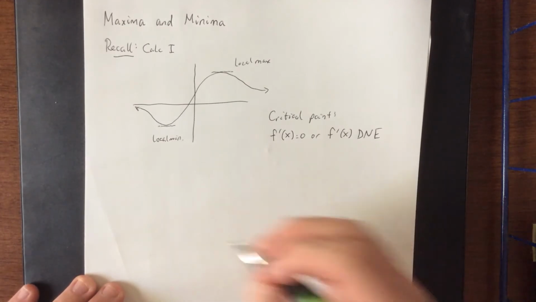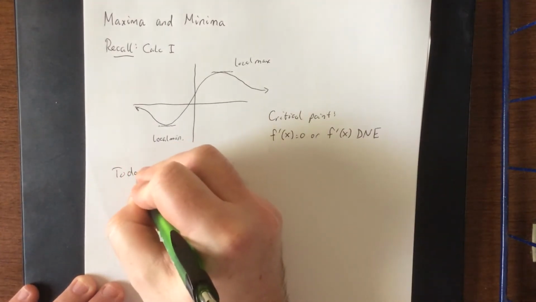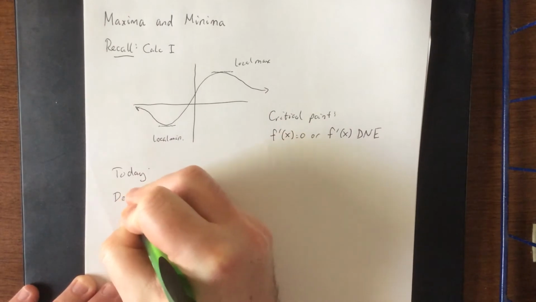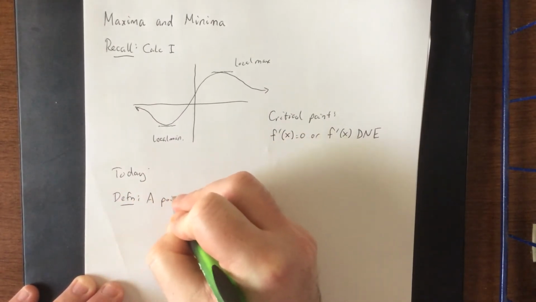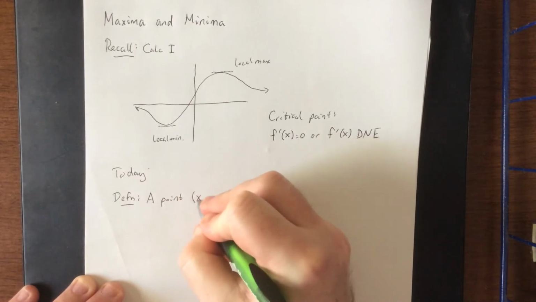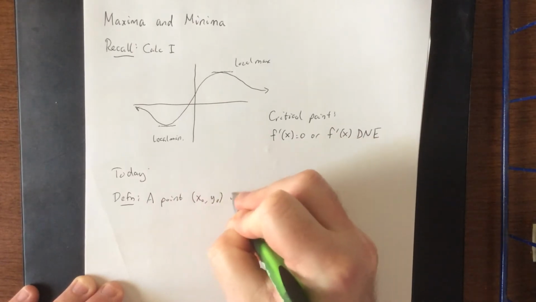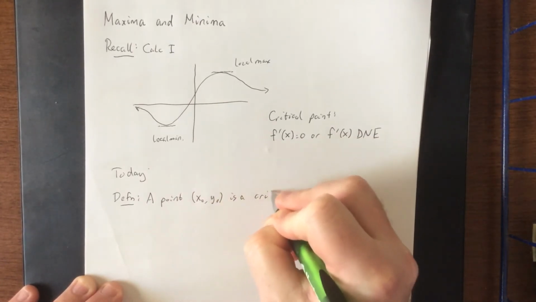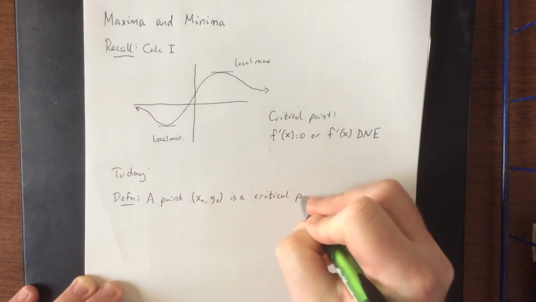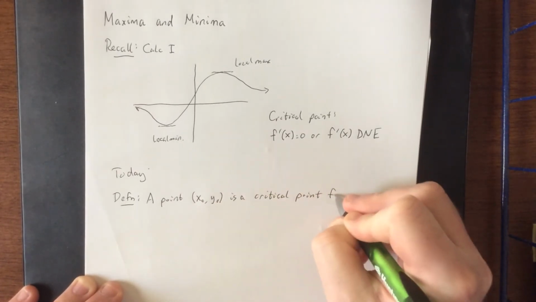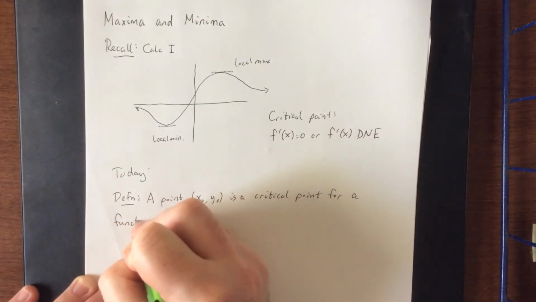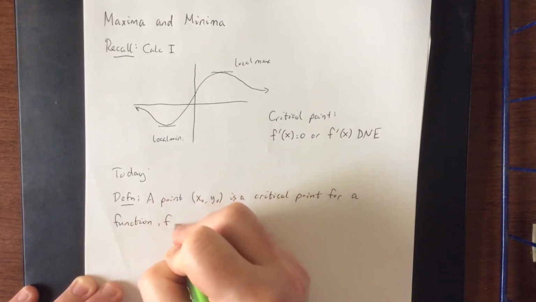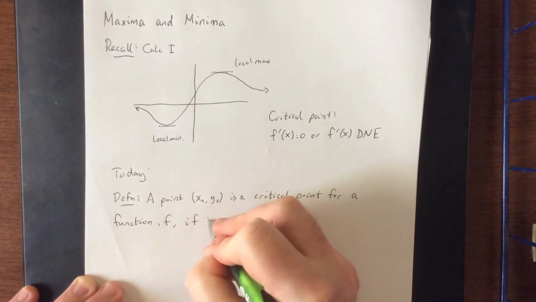Now, extending this into 3 dimensions, we'll start with the definition of a critical point. A point, we'll call it x0, y0, is a critical point for a function f if one of two things is true.